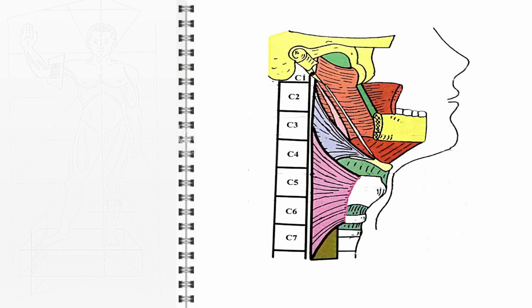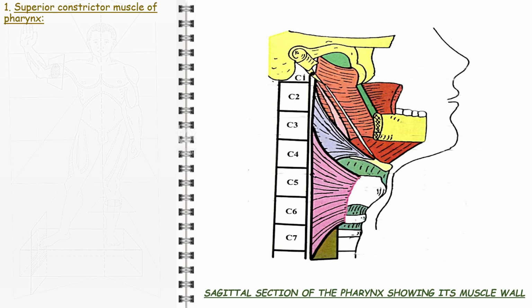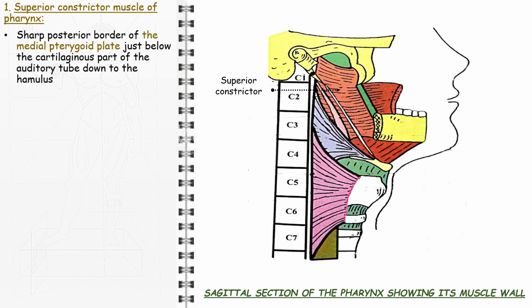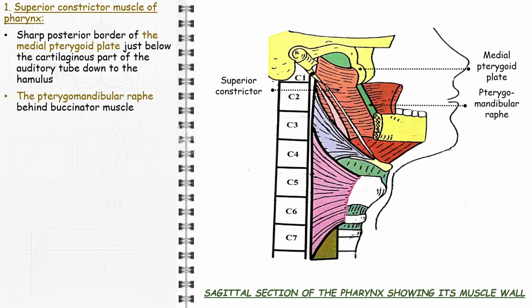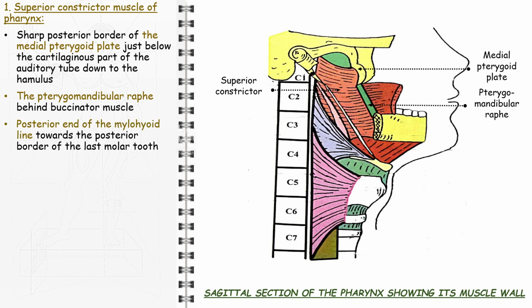Beginning with the superior constrictor muscle of the pharynx, it is inserted, from top to bottom, onto the sharp posterior border of the medial pterygoid plate just below the cartilaginous part of the auditory tube down to the hamulus, the pterygomandibular raphe behind the buccinator muscle, the posterior end of the mylohyoid line towards the posterior border of the last molar tooth, and the lateral border of the tongue.